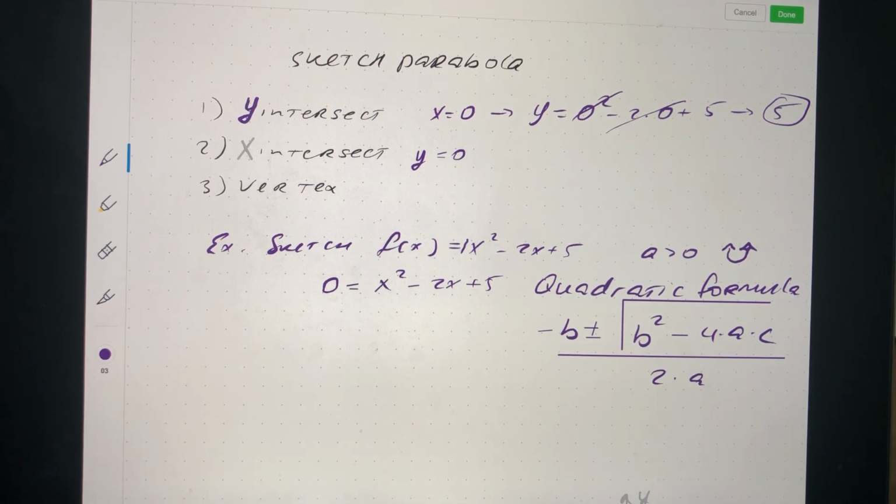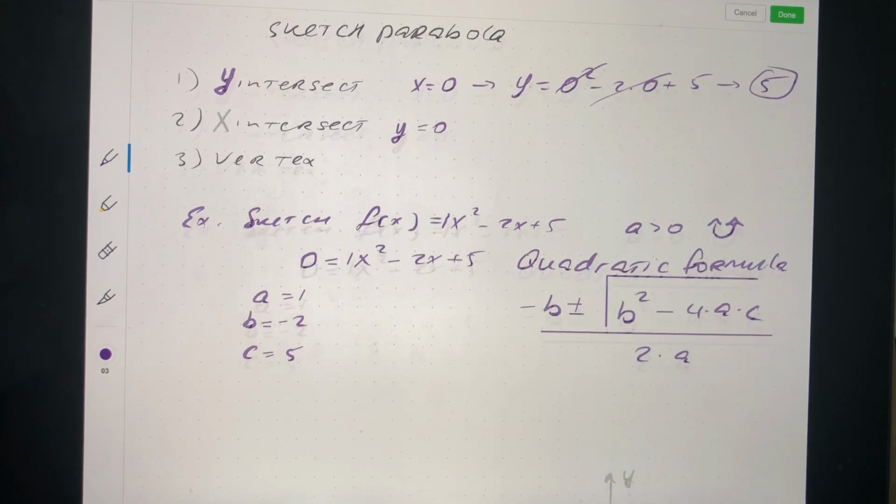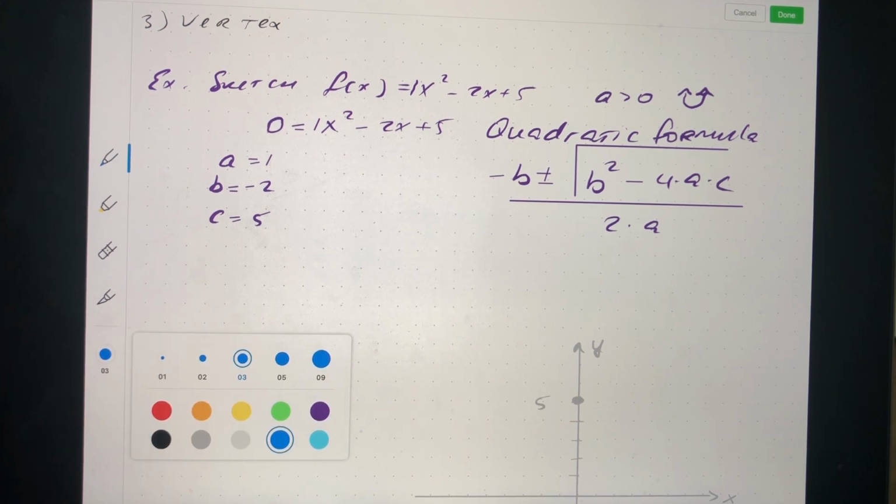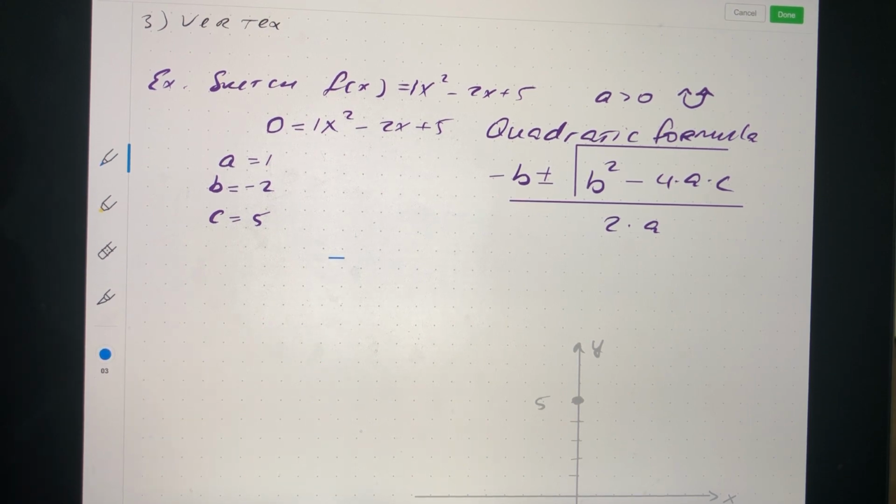So let's use it. The a is the front coefficient, that's 1. The b is the middle coefficient, that's negative 2. C is the constant, the last number, that's 5. Substituting these numbers into our quadratic formula, we will get minus the b, which is negative 2, plus or minus the square root of negative 2 squared minus 4 times 1 times 5, divided by 2 times 1.